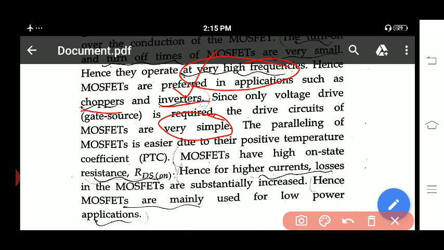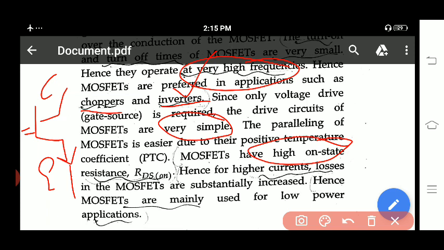But it has a very high on-state resistance. If you compare this with the BJT, in BJT you have collector terminal and emitter terminal, and whatever the resistance is between collector and emitter, that is low.